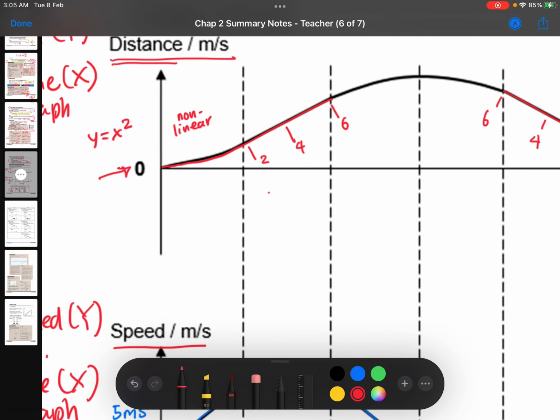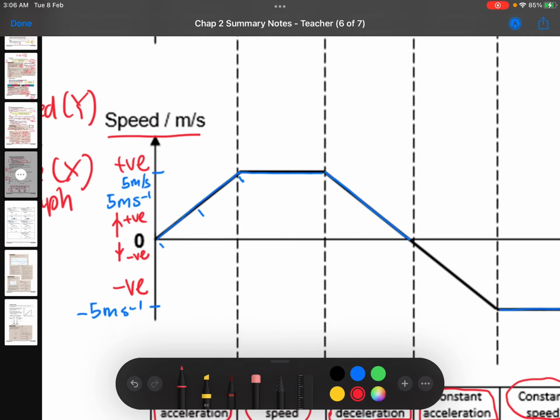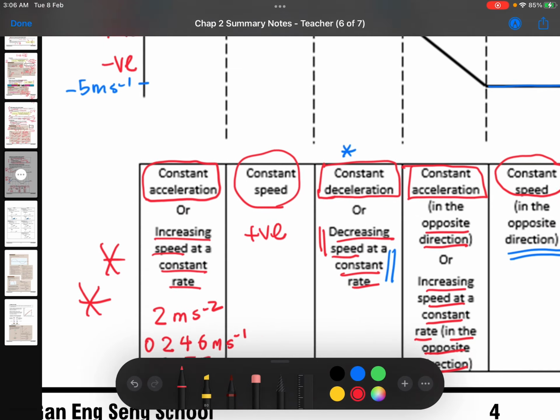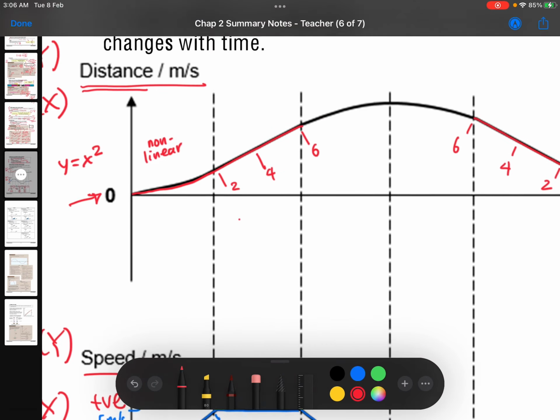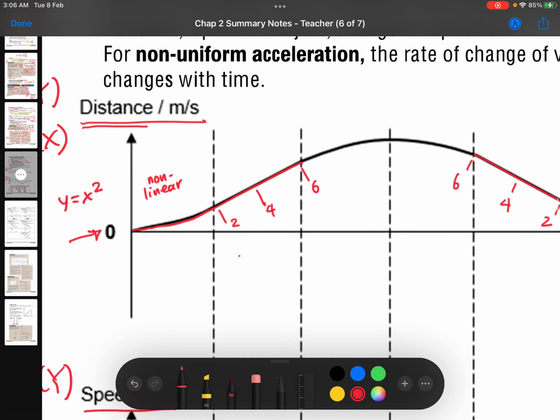Here you find that as you decelerate, you refer to a table, it's constant deceleration. So technically speaking, the distance you cover still increases, but you notice that it slows down. Once you reach the top, what we call this is like a plateau.